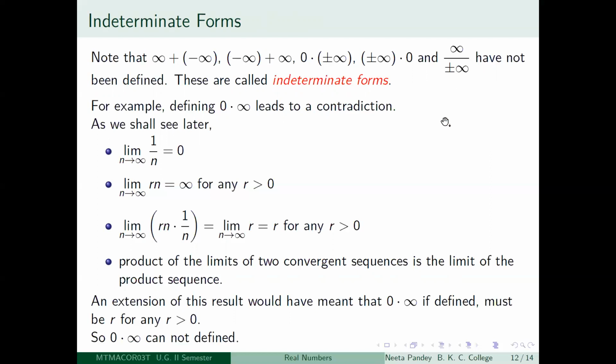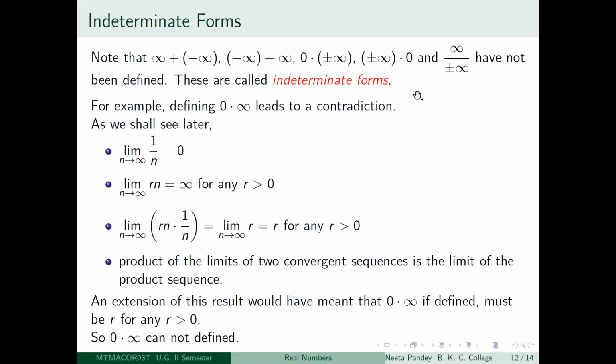We cannot define what is 0 into plus or minus infinity, and we can also not define infinity divided by plus or minus infinity. So these forms which cannot be defined, keeping consistency with the arithmetic rules and the order relation rules which had been described earlier, are called the indeterminate forms.